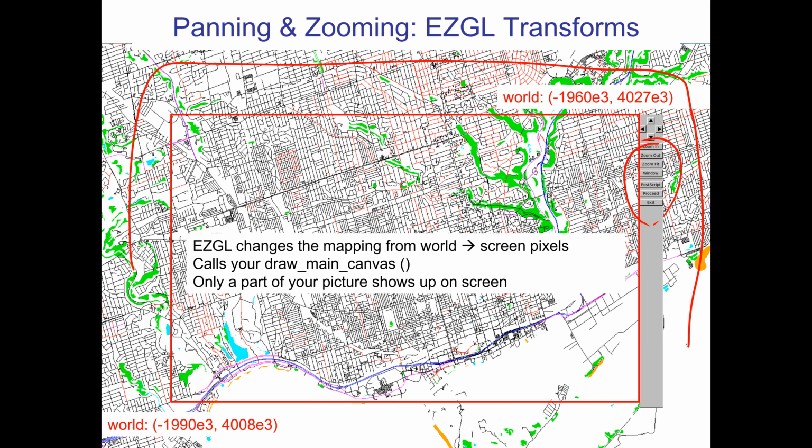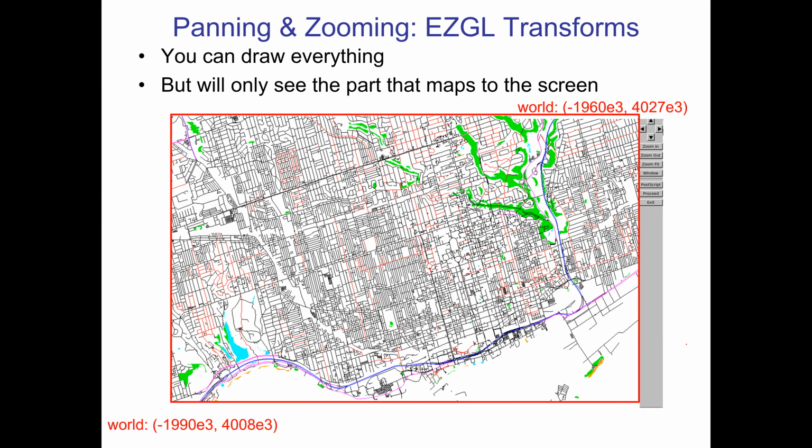And that's fine. You'll just see the part that is inside the window, and you'll zoom in without writing any extra code yourself. So the coordinates of your world that are visible, like basically the corners that correspond to the screen, are changing as you're panning and zooming. But that's all kind of handled for you.